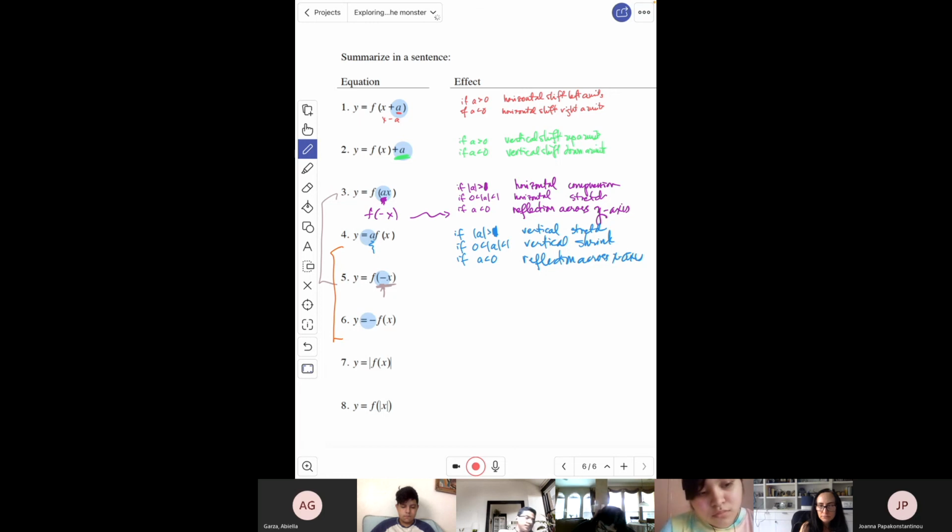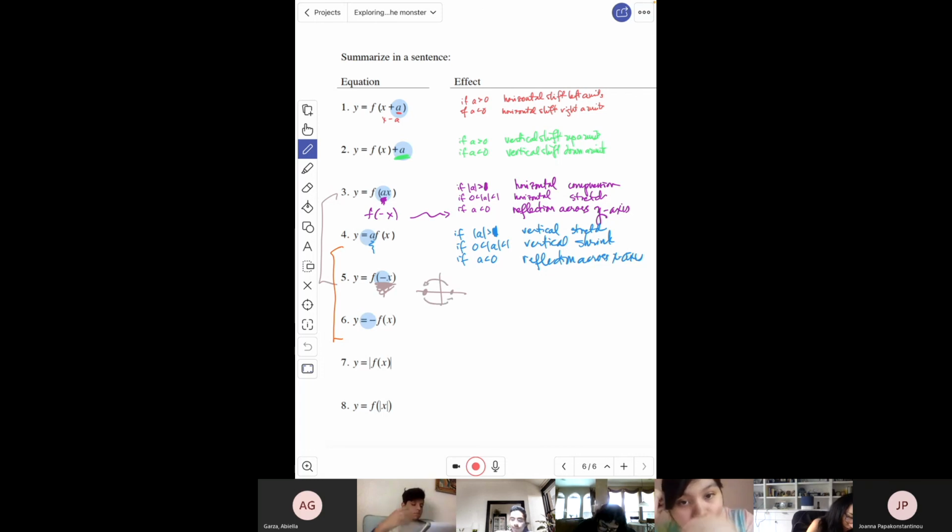Eric, can you tell me? Natalie, Christopher, what happens when I have a negative in front of my x again? Remind me. I'm changing my x values from positive to negative. So what's happening to the graph? If I have an x value here and it moves over here, what's happening?